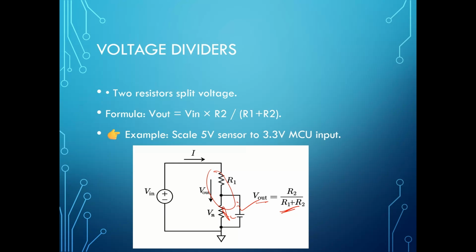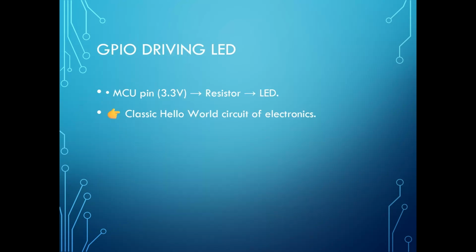There are many real-time examples: a bulb, sensors connected to the GPIO pin, and a buzzer you can add. These are real-time examples of the voltage divider circuit.